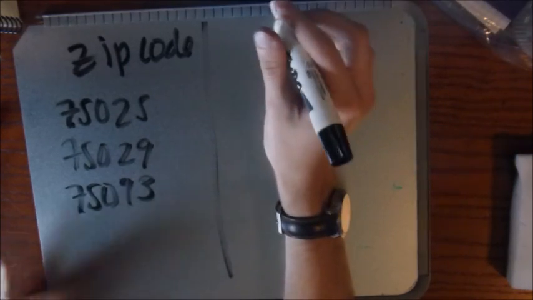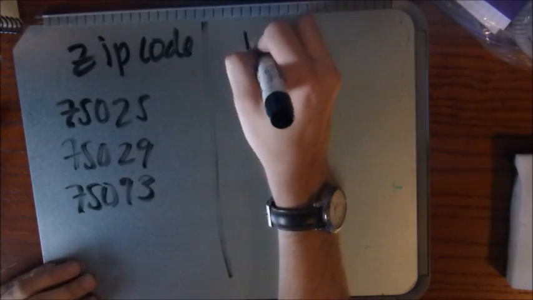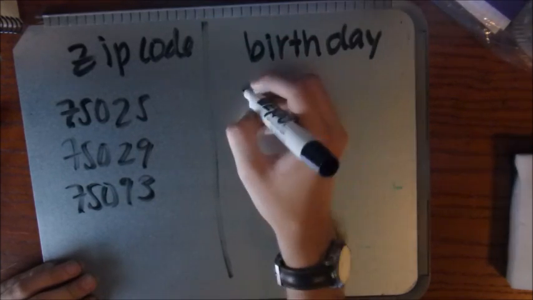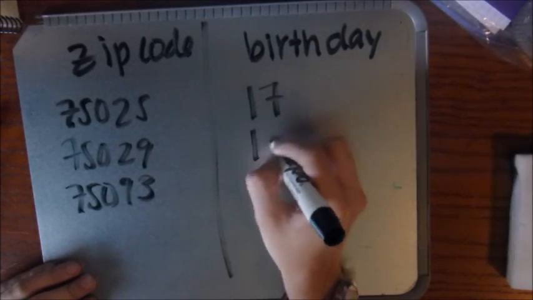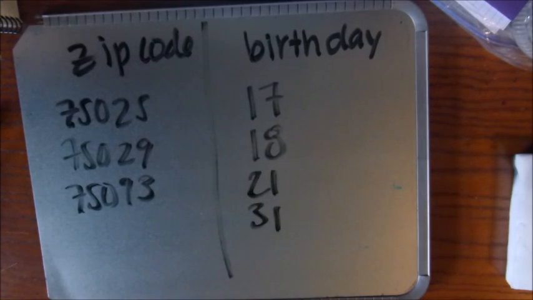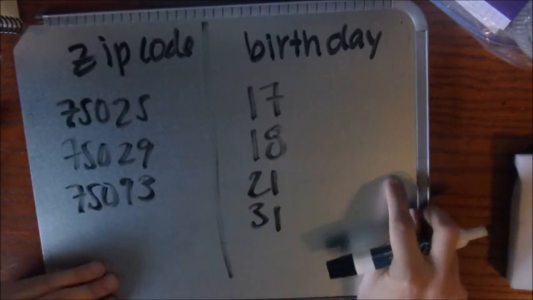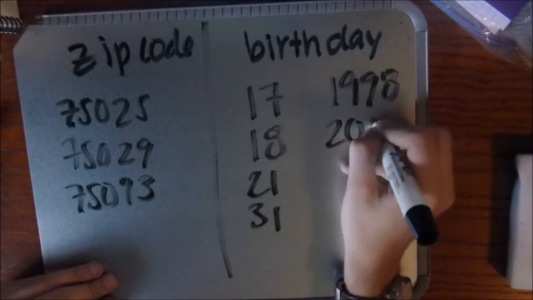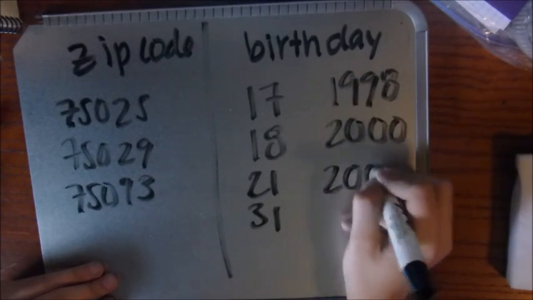Another weird one like that would be birthday, because you can be born on the 17th, the 18th, the 21st, the 31st. Same way, they are also numbers, but they're groupings, they're categories. Same thing with birth year, 1998, 2000, 2005.